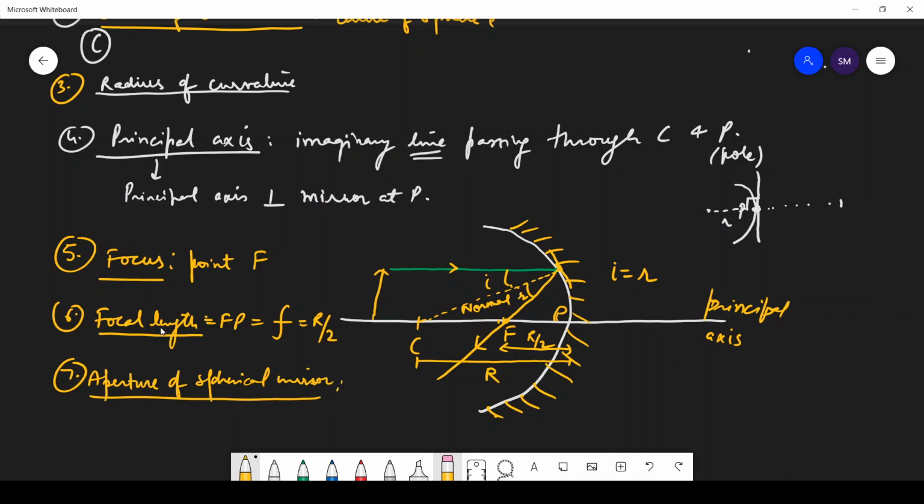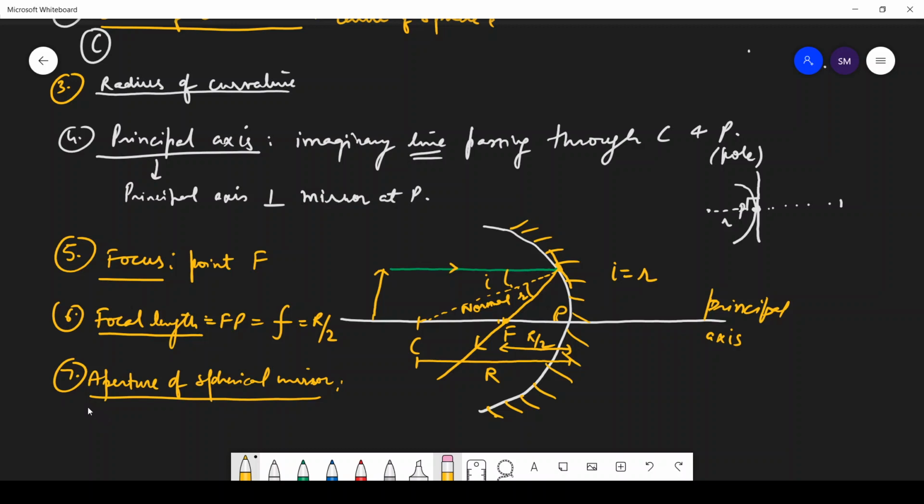Focal length, focus, principal axis and radius of curvature are all related to the spherical mirror, which can be concave or convex. Aperture is the diameter of the reflecting surface of the spherical mirror. So what is the aperture?